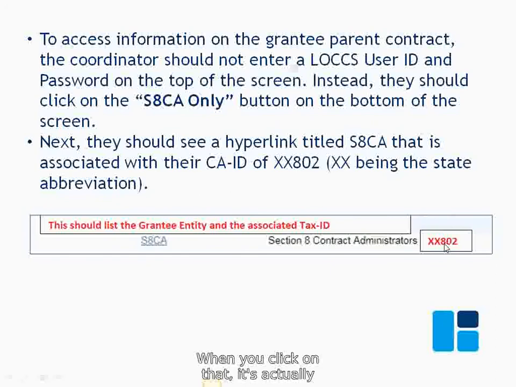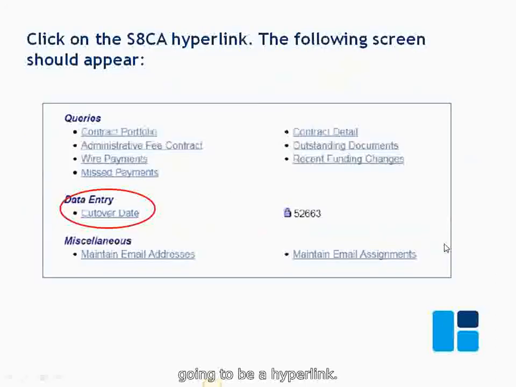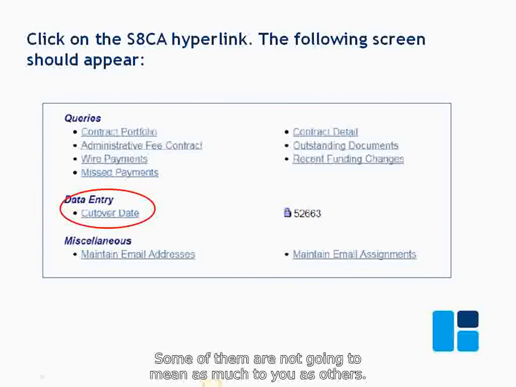When you click on that, it's actually going to be a hyperlink. And when you click on that, it's going to give you a menu of some options within ELOCs. Some of them are not going to mean as much to you as others, but the most crucial one in your setup is going to be this one here that's called the cutover date.